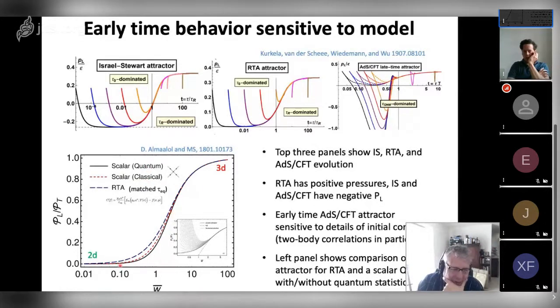And in that case, we were able to demonstrate that you could extract these early time attractors for non-trivial kinetic theories. Again, there's some quantitative difference between these attractors, but qualitatively they all look the same. All the plots, if I didn't tell you what was what, they would look like this.